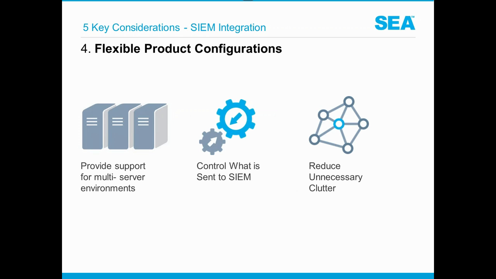When it comes to flexible product configurations, this topic directly relates to SEA's iSecurity suite. Each module in the iSecurity product suite will help you compile critical system messages and events across multiple LPARs or systems. This can be sent to the SIEM as needed.